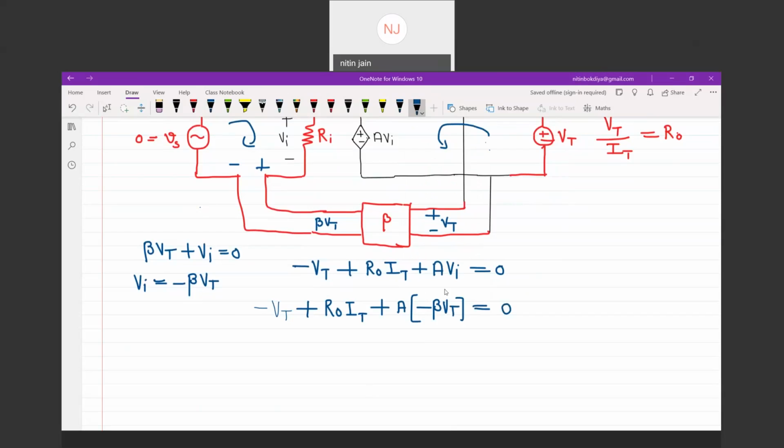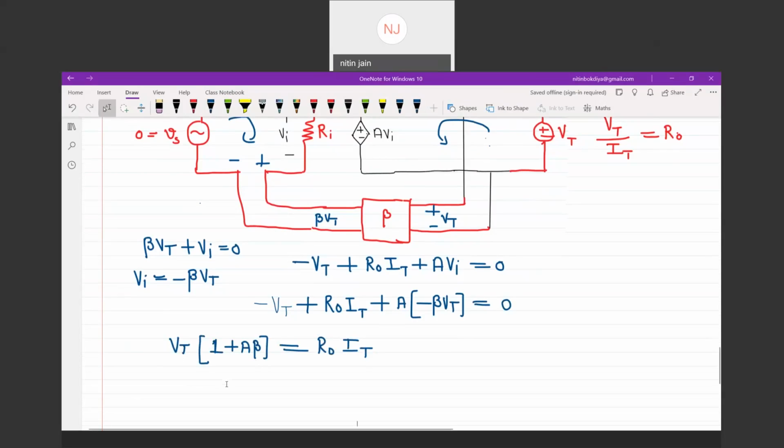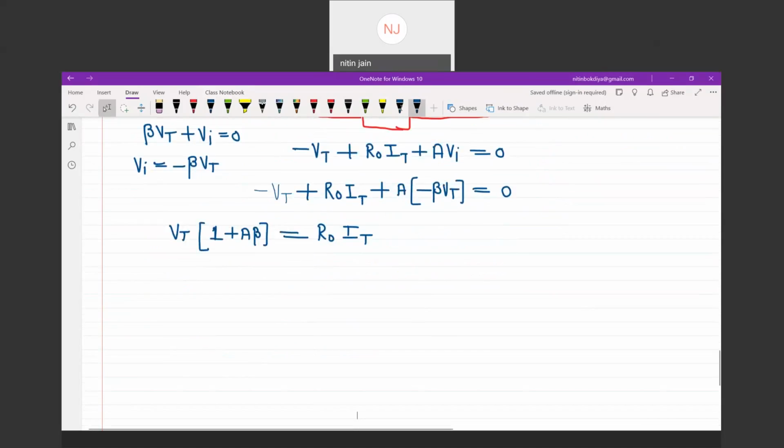So I can take VT as a common. So you can say VT into 1 plus A beta equals RO into IT.